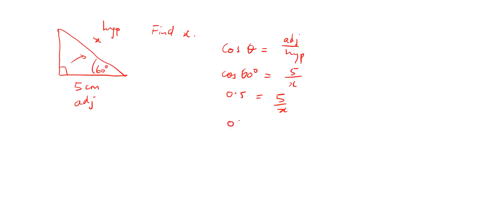We're going to write this as 0.5 over 1 is equal to 5 over x. And you cross multiply. So we end up with 0.5x is equal to 5. Therefore, x is equal to 5 divided by 0.5. Therefore, x is equal to 10 cm.